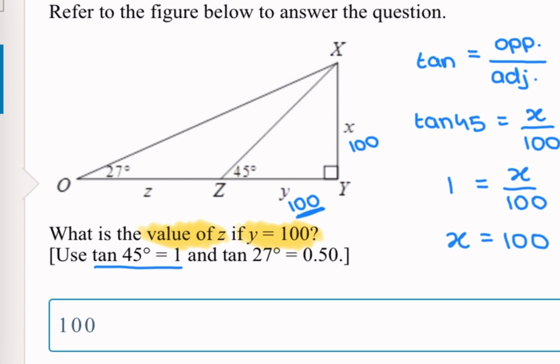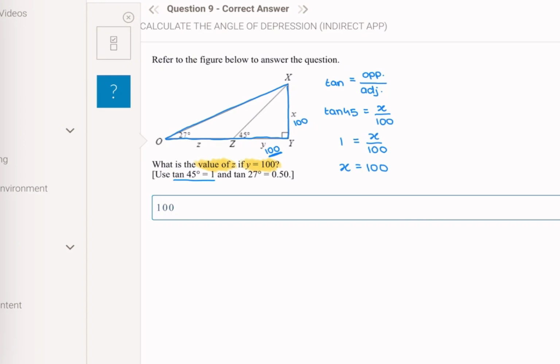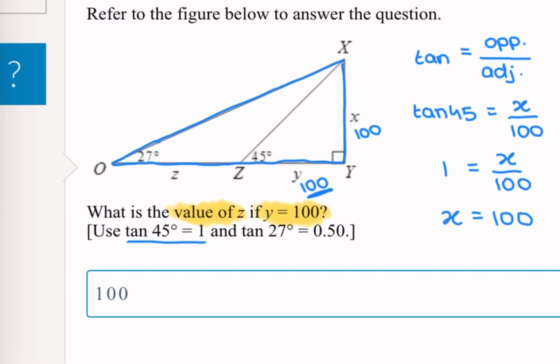Now we can try to solve for z. We're going to use the full triangle to try to find z. We know that this angle is 27.